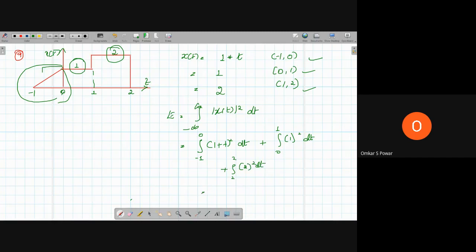So if you solve this one, you'll end up as 16 by 3. So this is how you solve the problem. So I have given the logic. It's up to you to solve these steps.